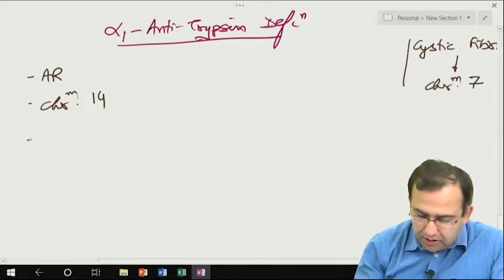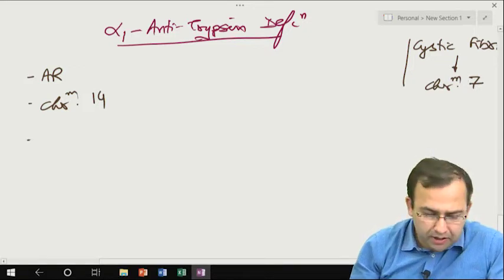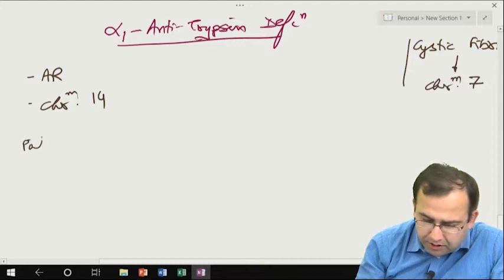Next point, alpha 1 antitrypsin. Let us start with the pathogenesis.